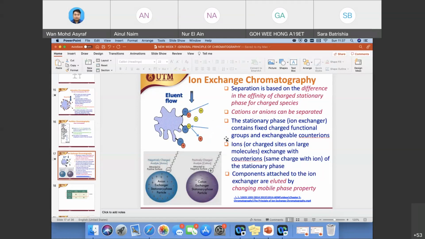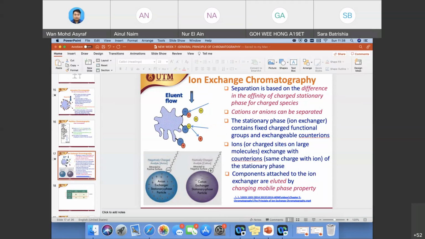For example, here you see there are 2 cations fighting for the negative sites on the stationary phase, but maybe the green one here has a much higher affinity compared to the orange cation. So it depends on the affinity of the charged stationary phase, which is the blue one, and the charged species.